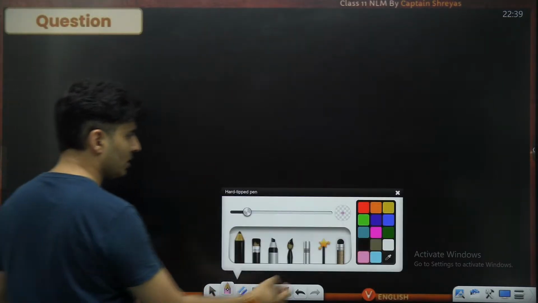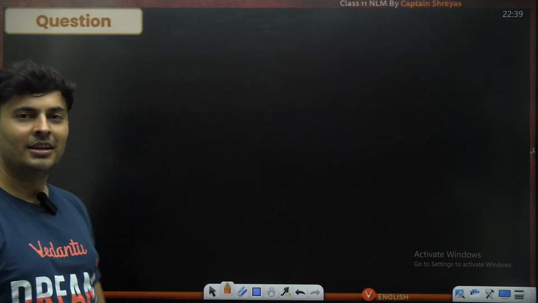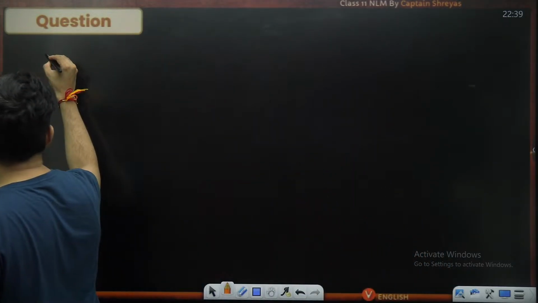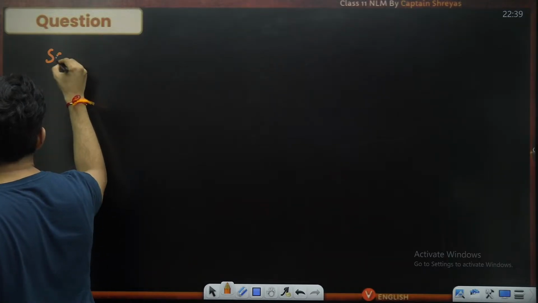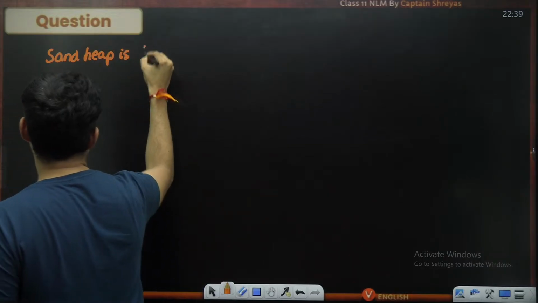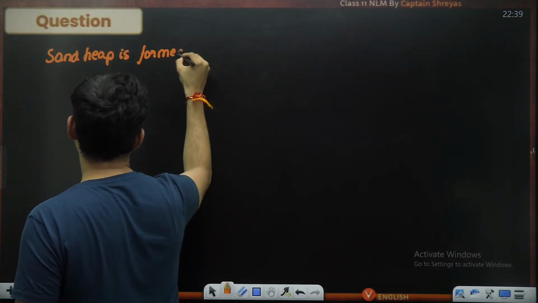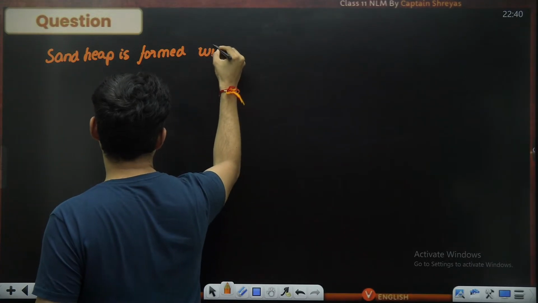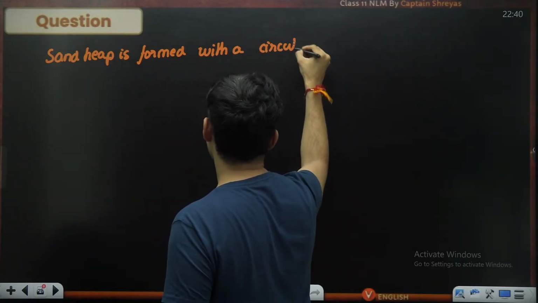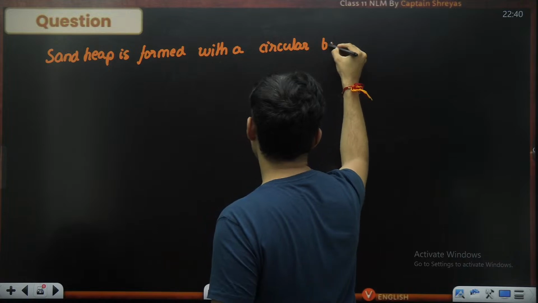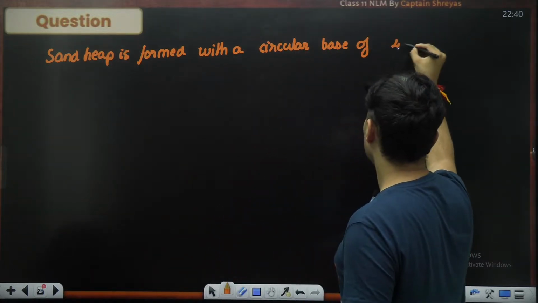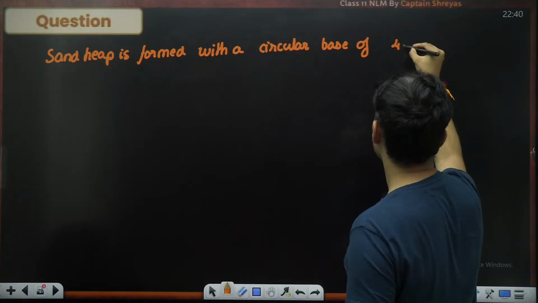There was one killer question which came. Where a sand heap is formed with a circular base of 4 meters.